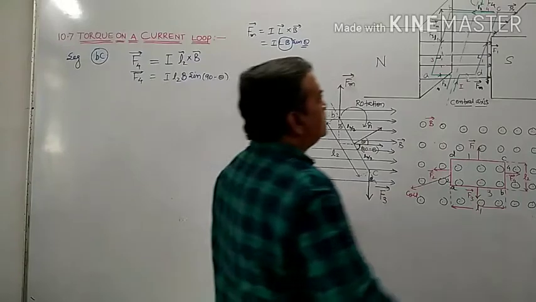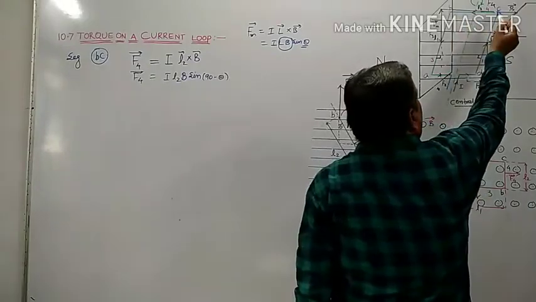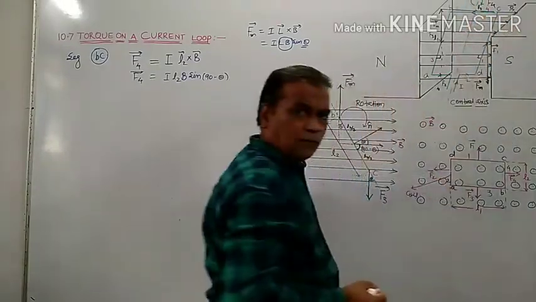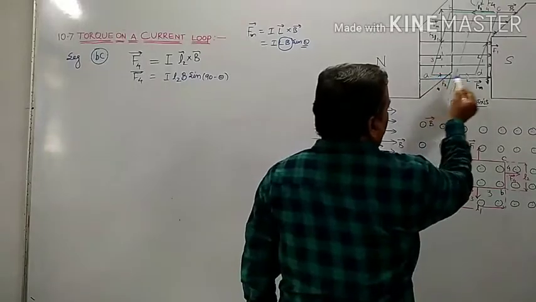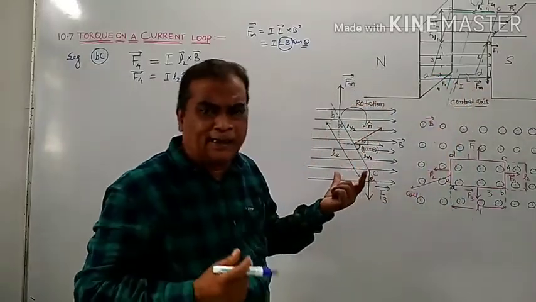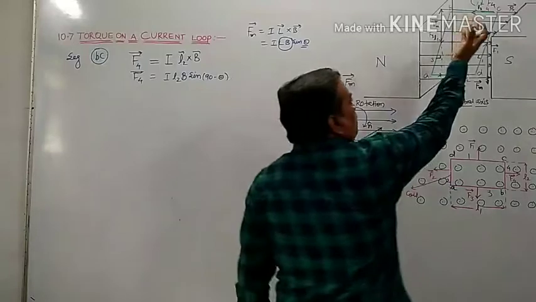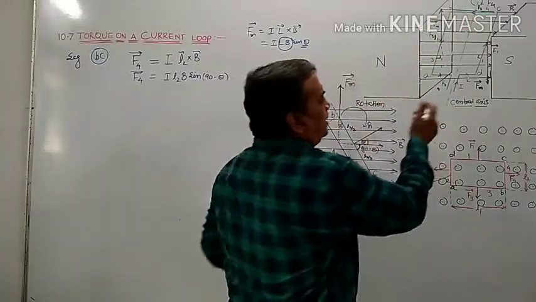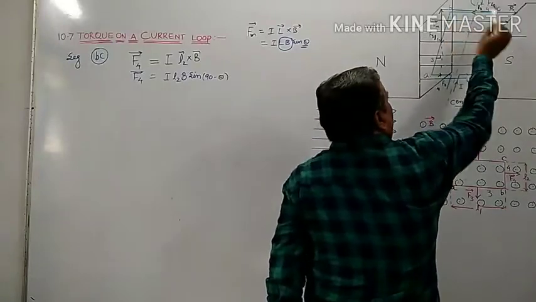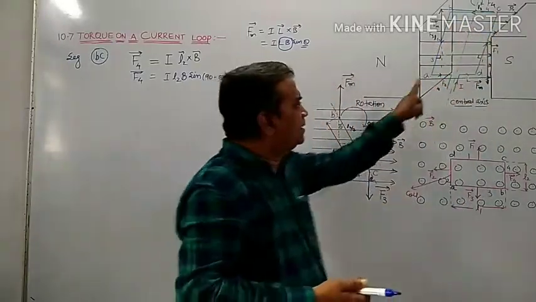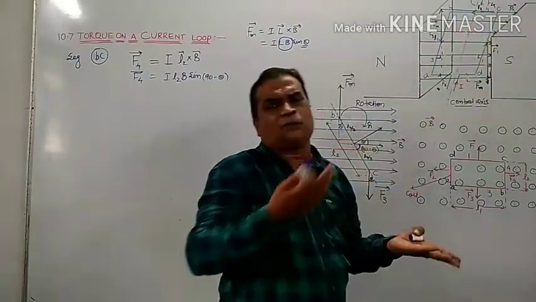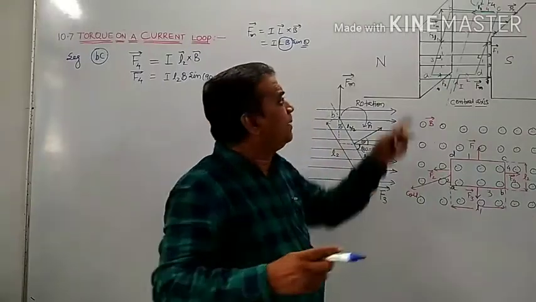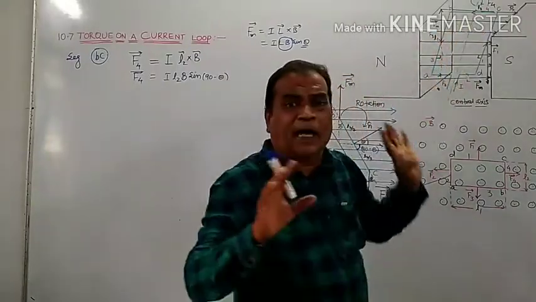See here, in the segment BC, its length is L2. Similarly, the length of segment AD is L2. Both are rotated through the same angle theta, because when we rotate the coil, whatever angle BC is rotated through, segment AD is also rotated through the same angle theta. But the directions of flow of current are opposite.